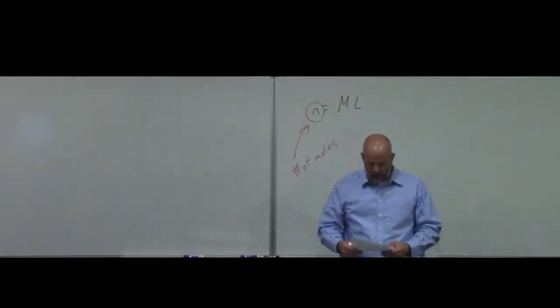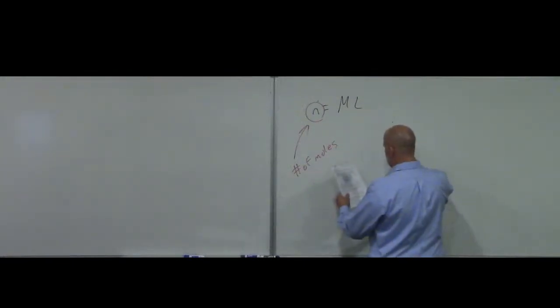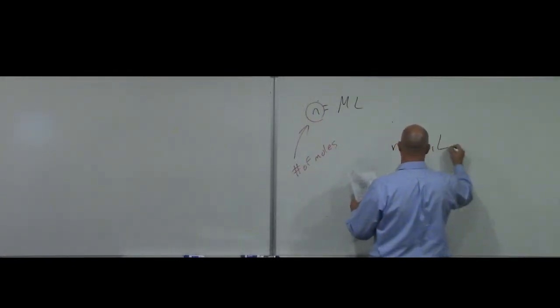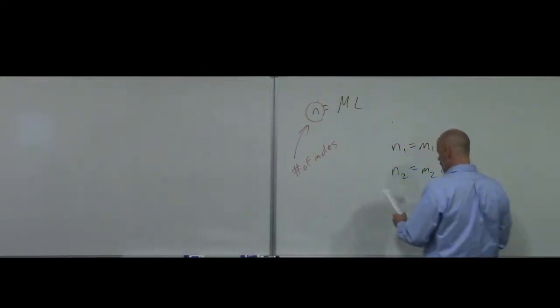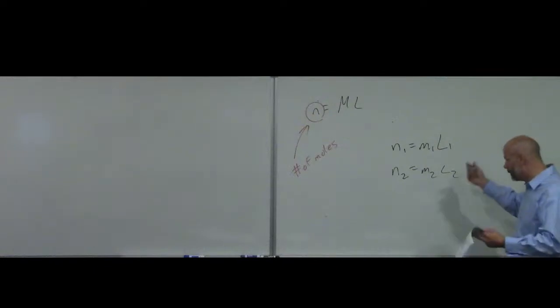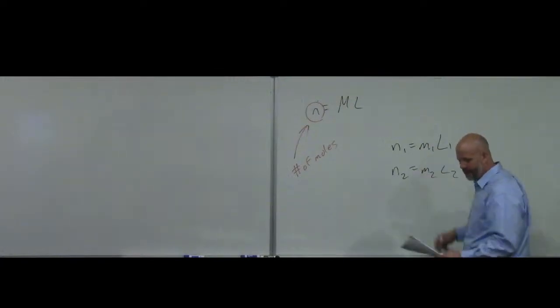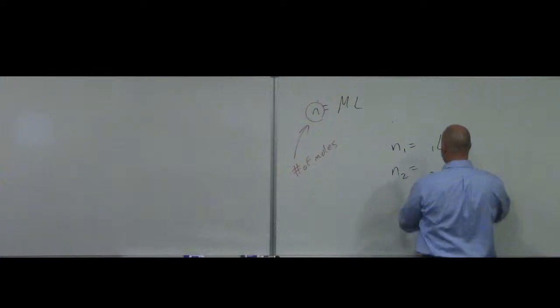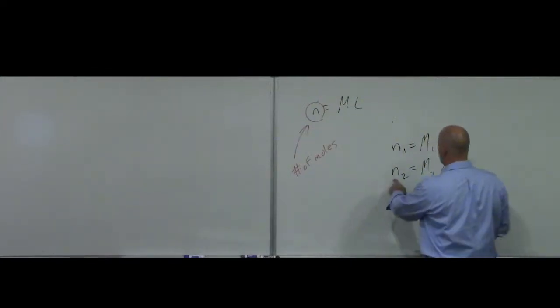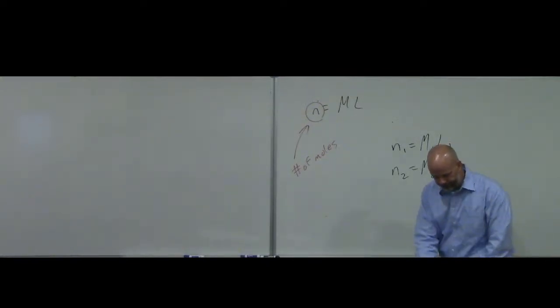Expressions like these may be written for a solution before and after it is diluted. So, n1 equals M1 L1, and n2 equals M2 L2. Okay, so the number of moles before equals the molarity before times the volume before. n2 equals molarity final times volume final.